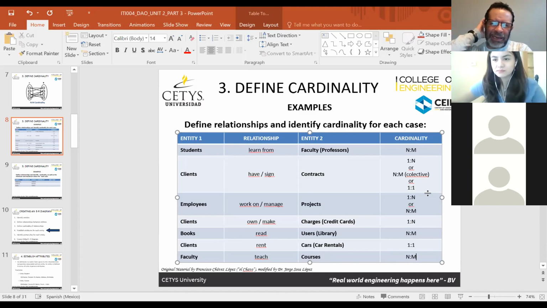Why am I saying that? Again, this is just my OCD. To be simpler, the course is differential calculus. That's a course in an academic program. That course can be taught by many faculty, and a faculty can teach many courses. So that's why that would be many to many.